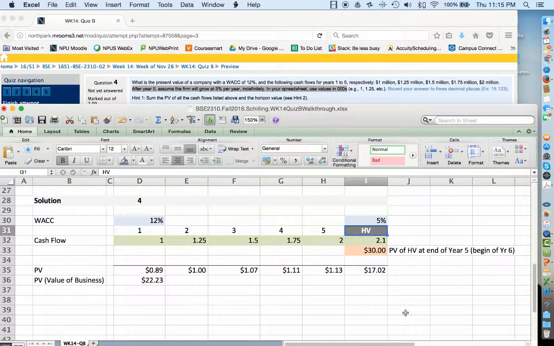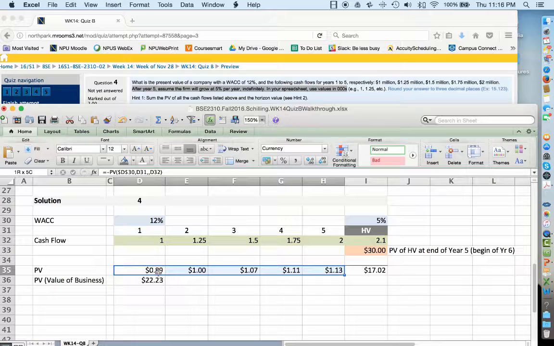We have to do two things to get the horizon value calculation. The first is we take the last year's cash flow and we increase it by the amount of the growth rate, and then we calculate the perpetuity. Cash flow divided by R minus G. Then the final thing that we have to remember when we're calculating the present values of each of the cash flows, we actually have to calculate the present value of that total horizon value, the perpetuity value.